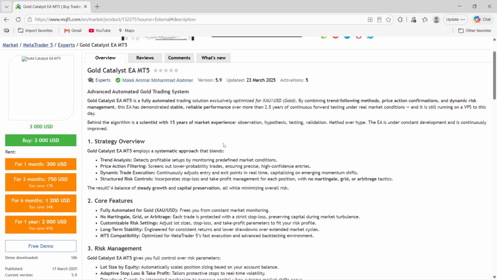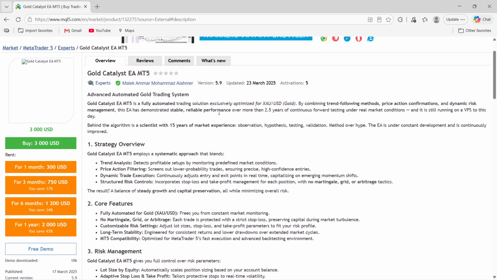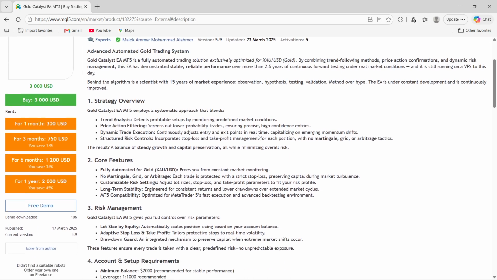Right, so you can see it's fully automated, optimized for XAUUSD, and it combines the following methods: price action confirmations and dynamic risk management. And it has demonstrated stable, reliable performance over more than 2.5 years of continuous forward testing under real market conditions.